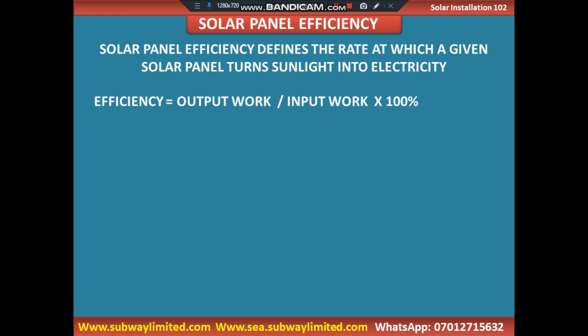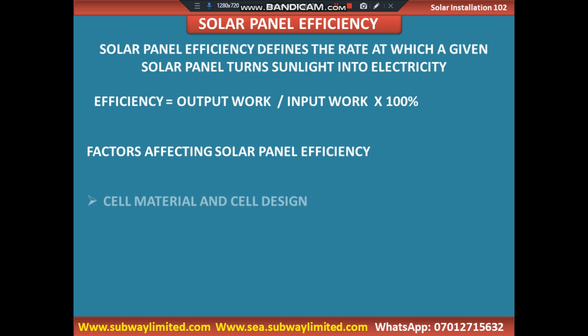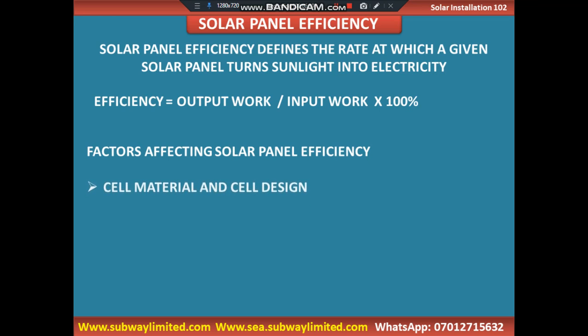But let's move to another topic which is of interest in this context. We have to consider the factors that affect the efficiency of a solar panel. What are the factors that affect the efficiency of a solar panel? We talked about the cell material of a solar panel.